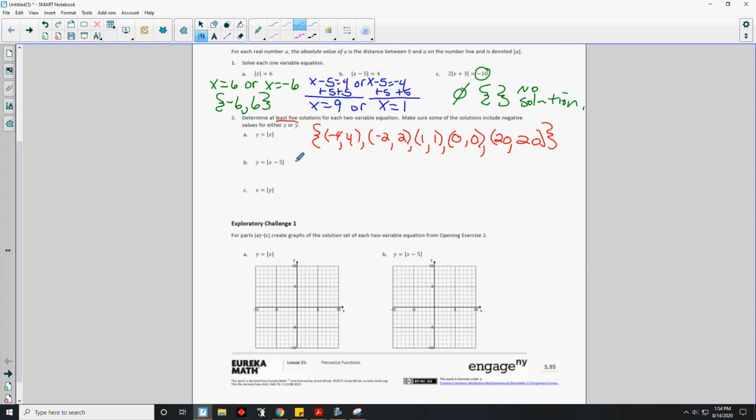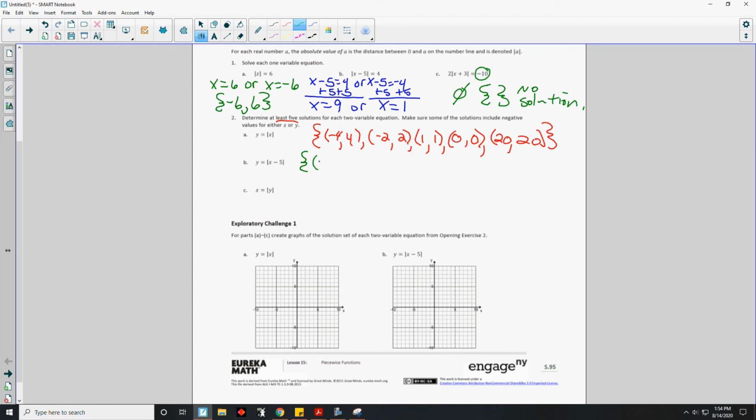Second one. Y equals the absolute value of x minus 5. This is inside parentheses, so we do the opposite. So whatever x is, we add 5 to it, or subtract 5 from it. That's all you have to think about. Either add or subtract 5 from a number.